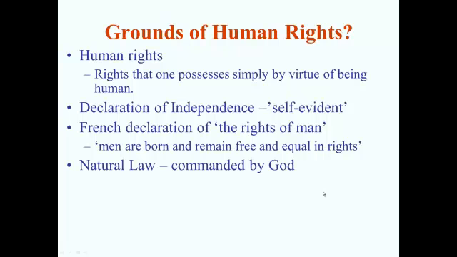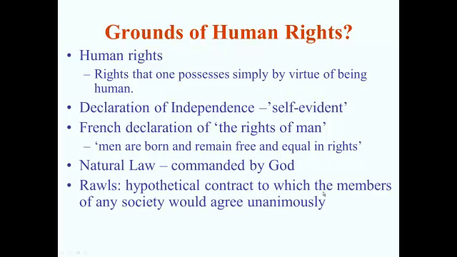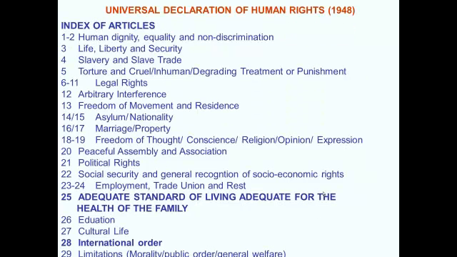Rights could come from a concept of natural law, rights as commanded by God, or rights according to rules that would be fashioned due to a hypothetical contract to which the members of any society would agree unanimously. The Universal Declaration of Human Rights in 1948 had a list of 29 rights.